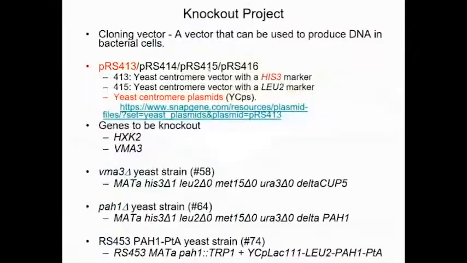Because when you knock out a specific gene, you can compare the wild type and the mutant, so that you will know the function of that gene. After you knock out that gene, the cell will behave differently from the wild type, and so you understand the specific function of that gene.